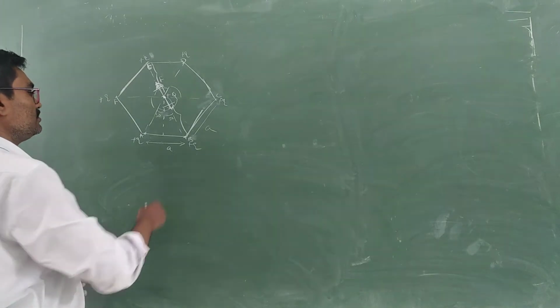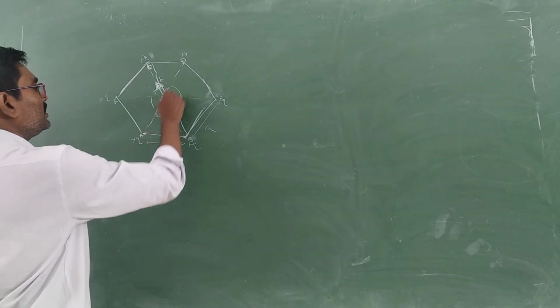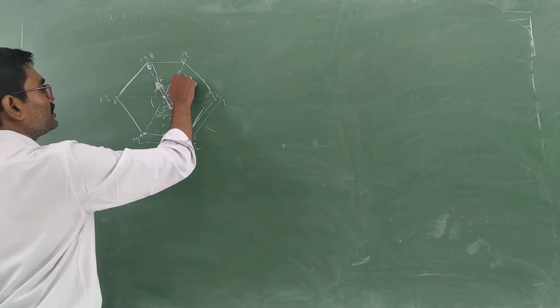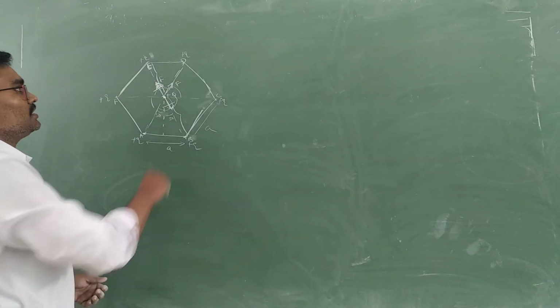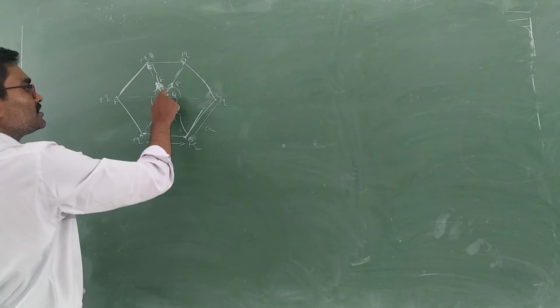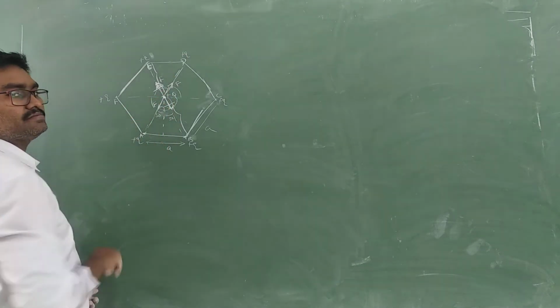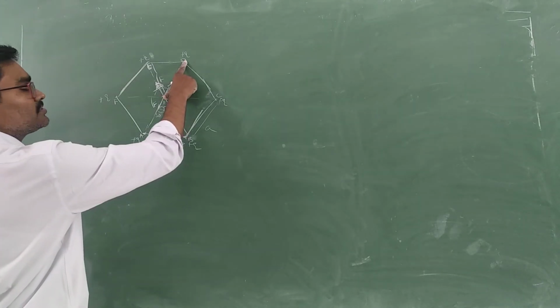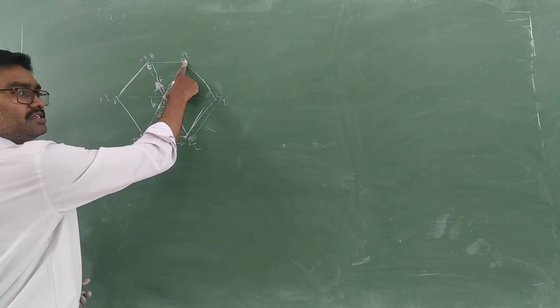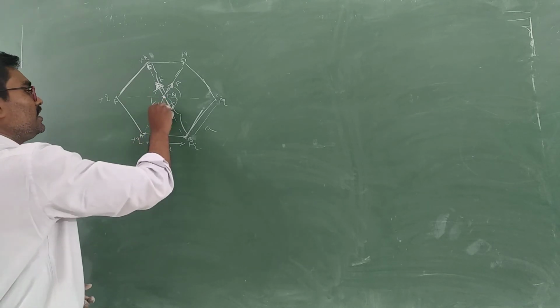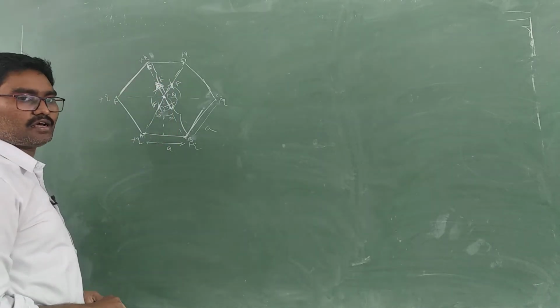Now think about this A. A is exerting the force in this way. Let it be F. This B is also exerting some force on plus Q in the opposite direction, the same force, because the distance and the product of the two charges are the same as here. So this and this get cancelled.